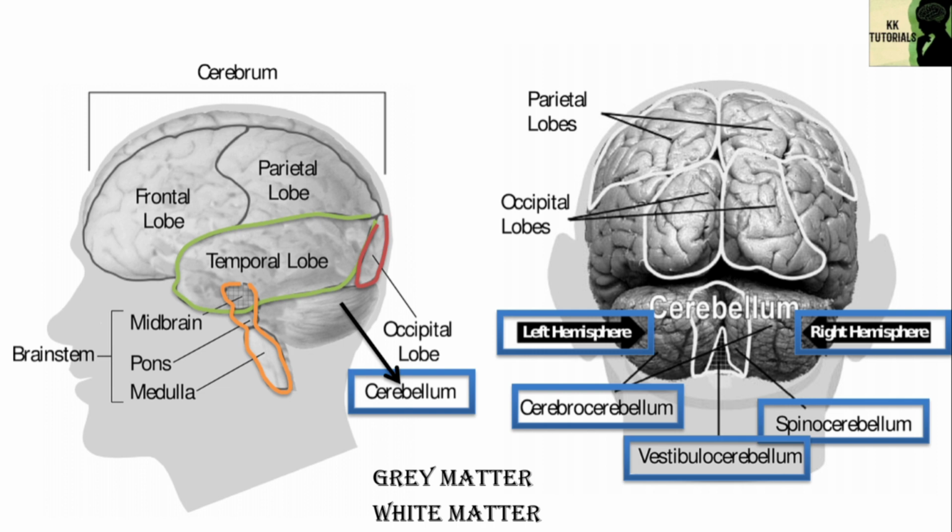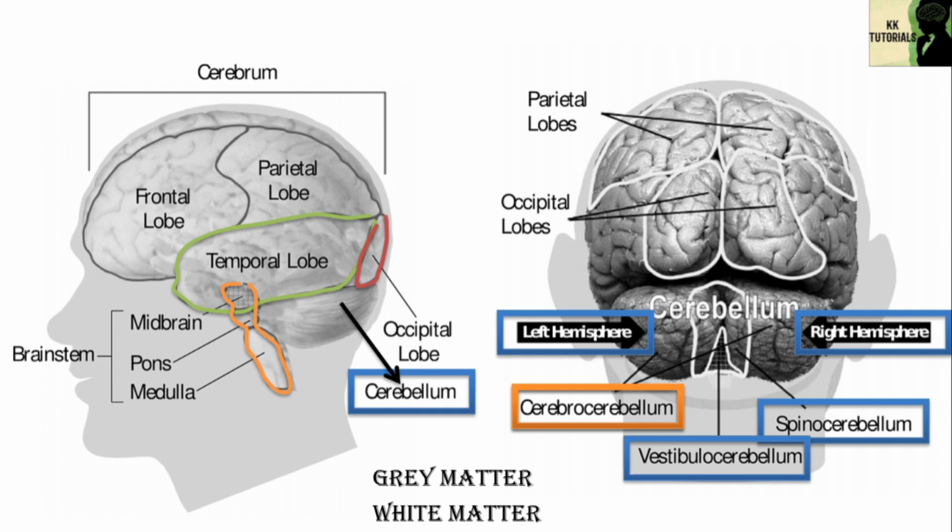The largest subdivision in humans is cerebrocerebellum. The cerebrocerebellum is concerned with the regulation of highly skilled movements, especially the planning and execution of complex spatial and temporal sequences of movement, including speech.